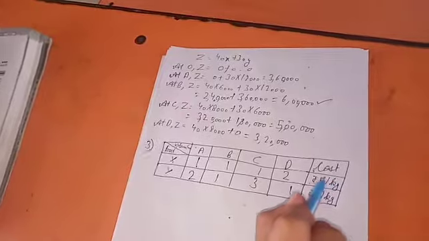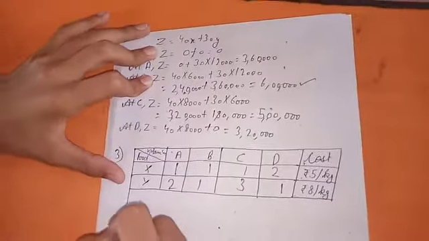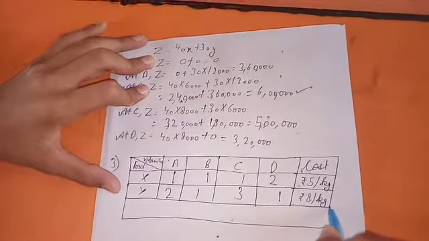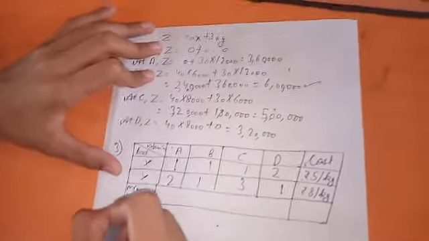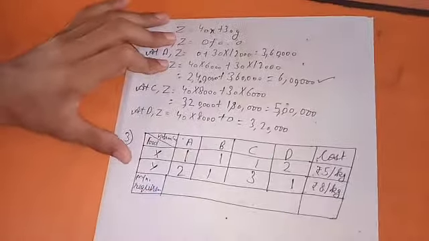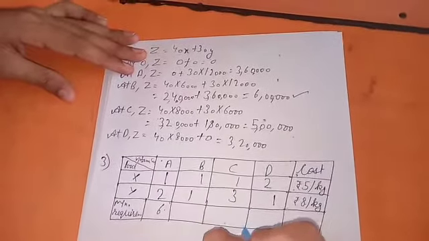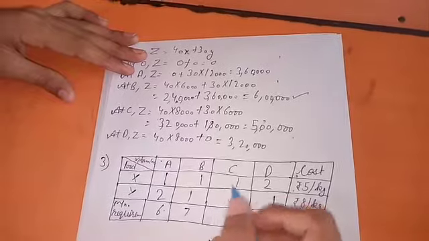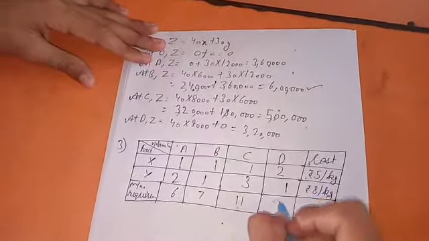Also, they have told us the minimum requirements: of vitamin A is 6 units, of vitamin B 7 units, of C 11 units, and of D 9 units. So this is the table we have drawn here.